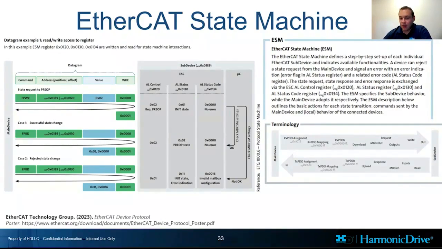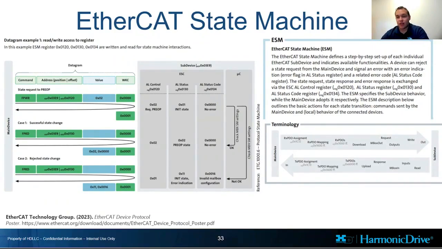It then iterates the working counter as it passes this along its network. The relevant subdevice that is trying to iterate the state chain sees this and says, okay, am I in a good situation to change my state? If I am, I'm going to change my state and write to that frame. It says, hey, my current state is now pre-op, and sends that back up to the main device.